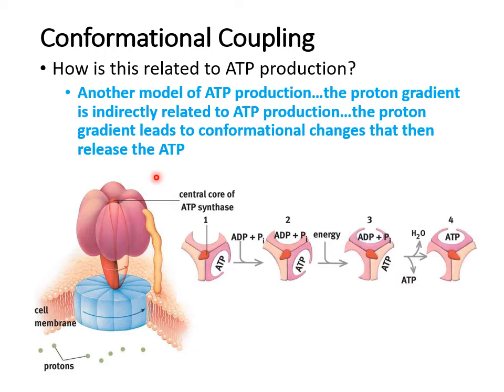There's also the conformational coupling model. In this one, it's basically that the proton gradient is indirectly related to ATP production. And in this model, it basically says that ATP ends up released from this synthase structure as a result of conformational changes that have been caused by the proton gradient.